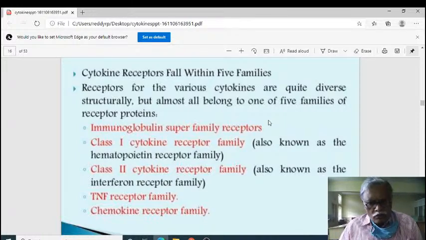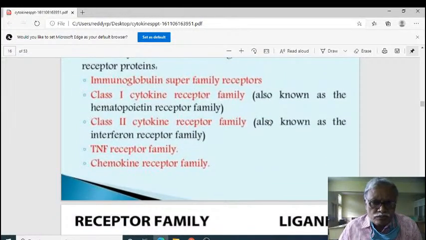The immunoglobulin superfamily receptors. That's class 1 cytokine receptors family, also known as the hematopoietin receptor family.